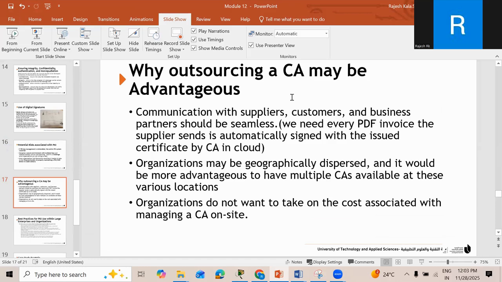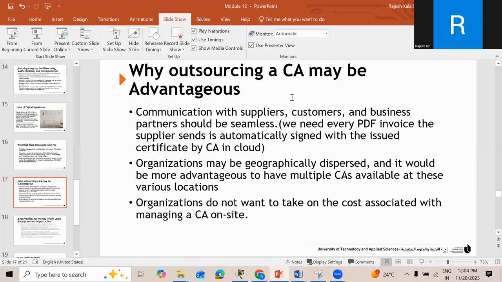Whenever we need a digital signature on a PDF bill or invoice that we want to send to the supplier, it should be automatically signed with the certificate issued by a certificate authority in the cloud. So we need to have a certificate authority in the cloud, so you can automatically sign it.